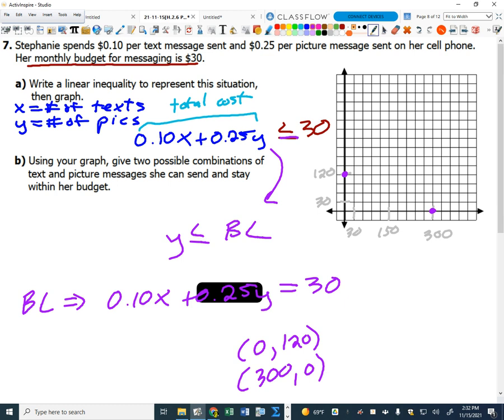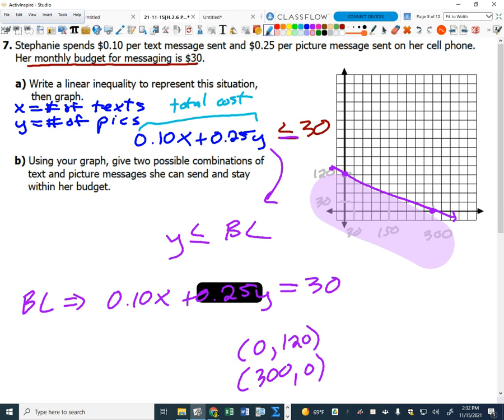We've got 2 points, though, so we can already graph it. We want to be shading below that, though, so there's our inequality. There it is, everything below. Okay. So all those ordered pairs in there represent solutions.